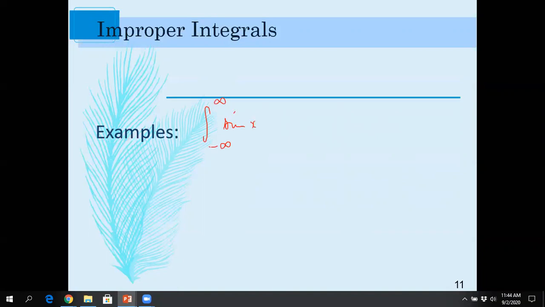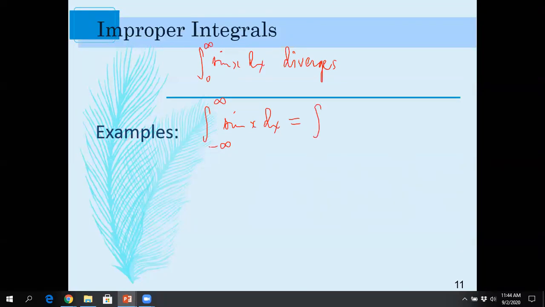Is that going to change anything? Do I have to redo this problem? We already know that the integral from 0 to infinity of sine x dx diverges. So that means this integral must diverge, right?